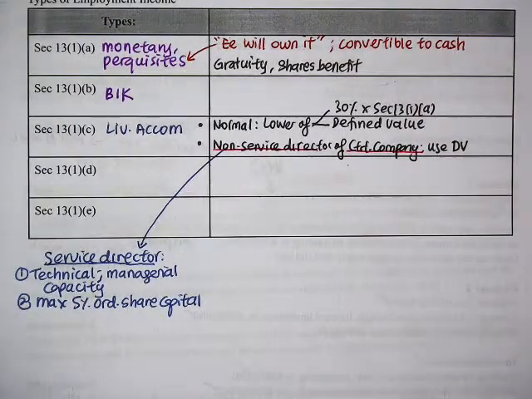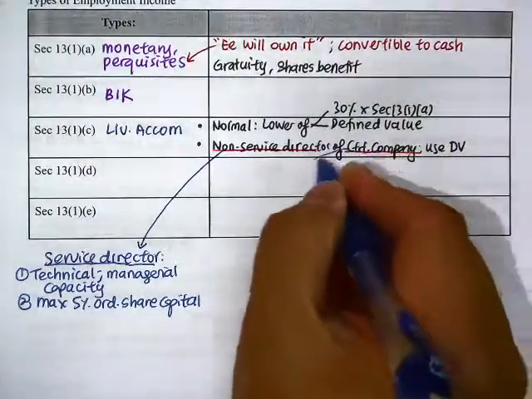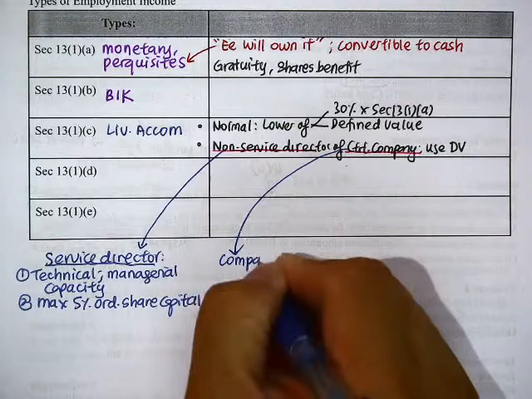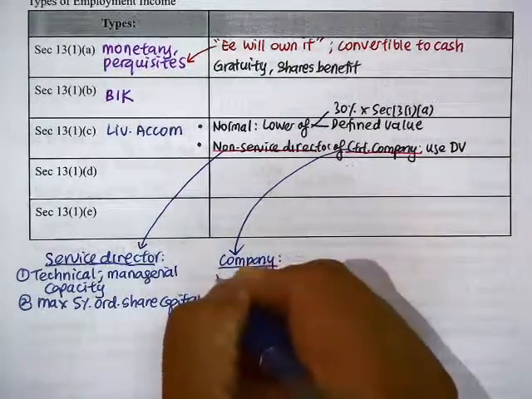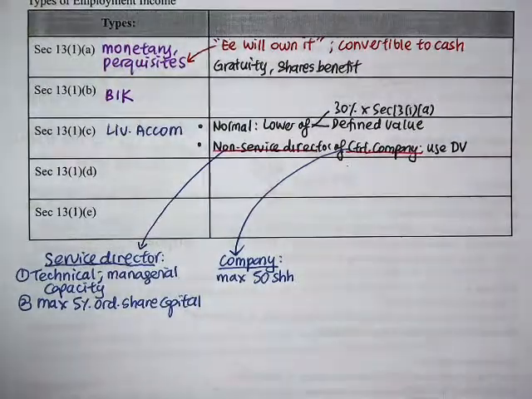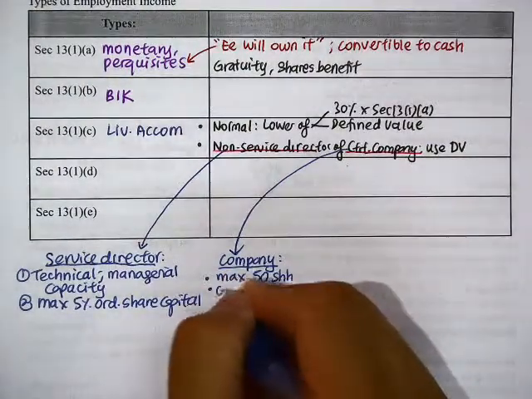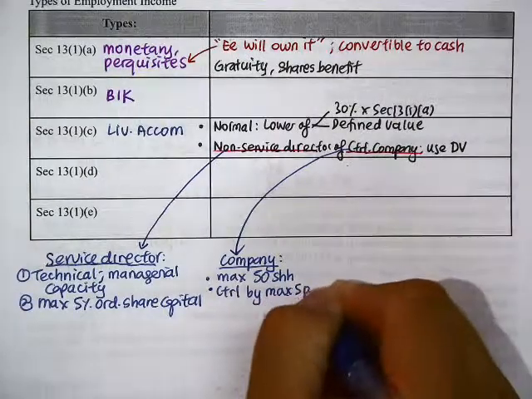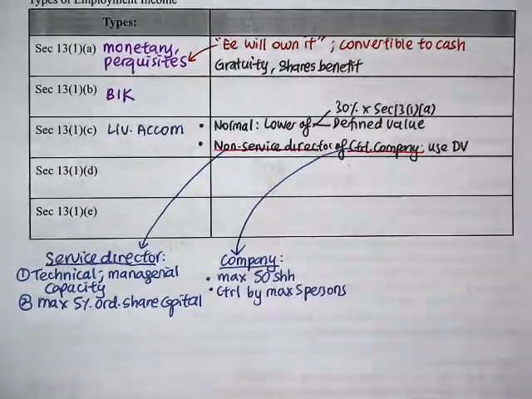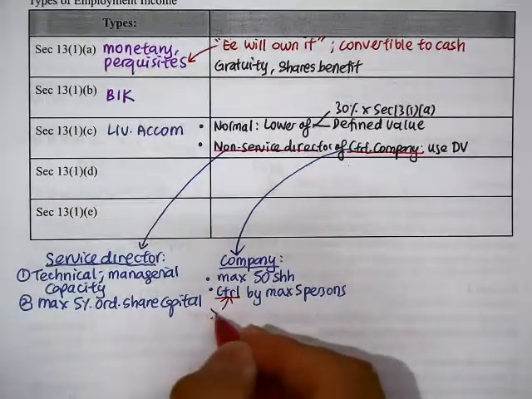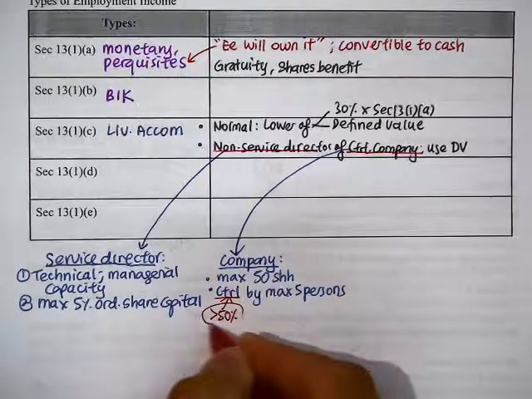Now, a controlled company is a company that you can have maximum 5 shareholders controlling. Control here means more than 50%.